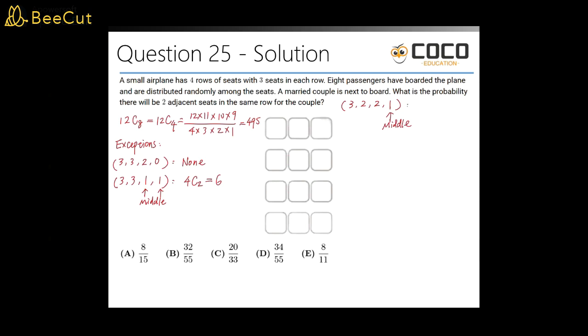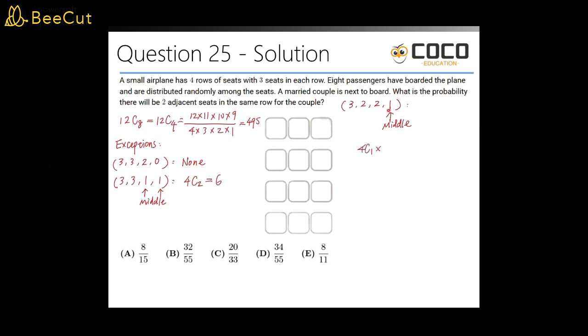Then again, we check the number of ways. We select which row has 3, which can be any of the 4, that's 4C1.